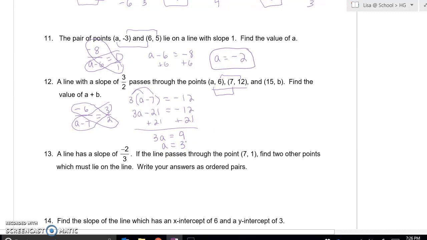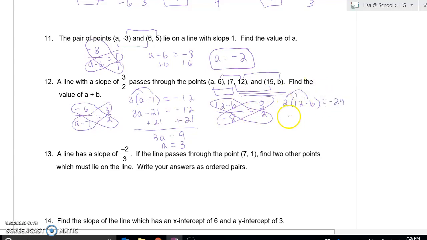Let's repeat this process to find letter B. So I'm going to use the point 7, 12 again. This time I'm going to use it finding B. So the change in y is 12 minus B. The change in x is 7 minus 15, which is -8. And the result should be 3/2. So when I cross multiply here, I'll get 2 times 12 minus B equals 3 times -8, which is -24.